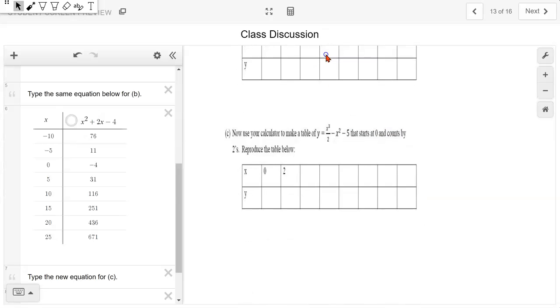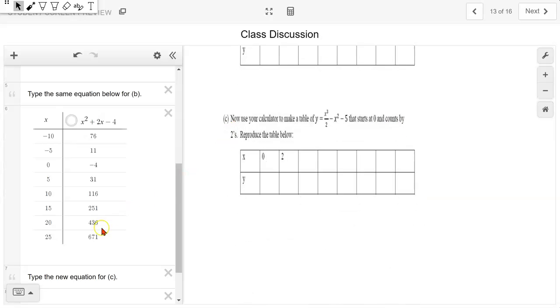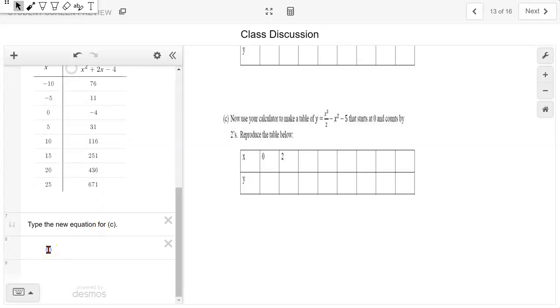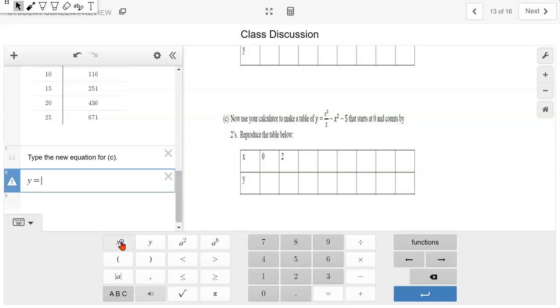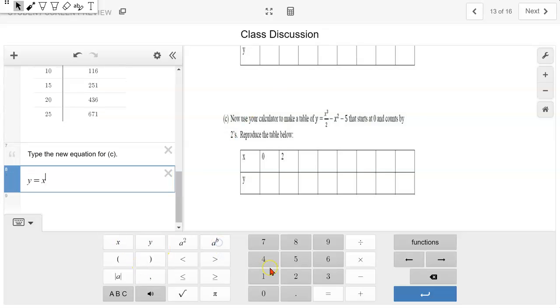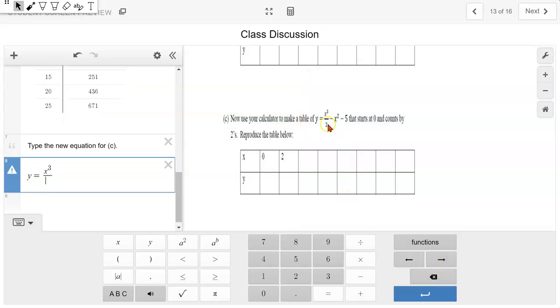Then let's try a new equation. So type here for letter C the new equation. So just type y equals x cubed over 2. So if you want x exponent 3, then arrow to the right, divide, because we want the denominator 2.